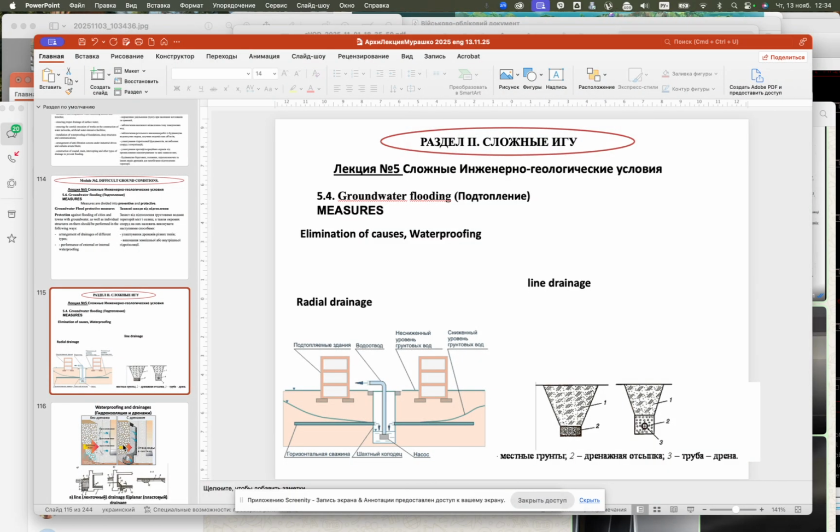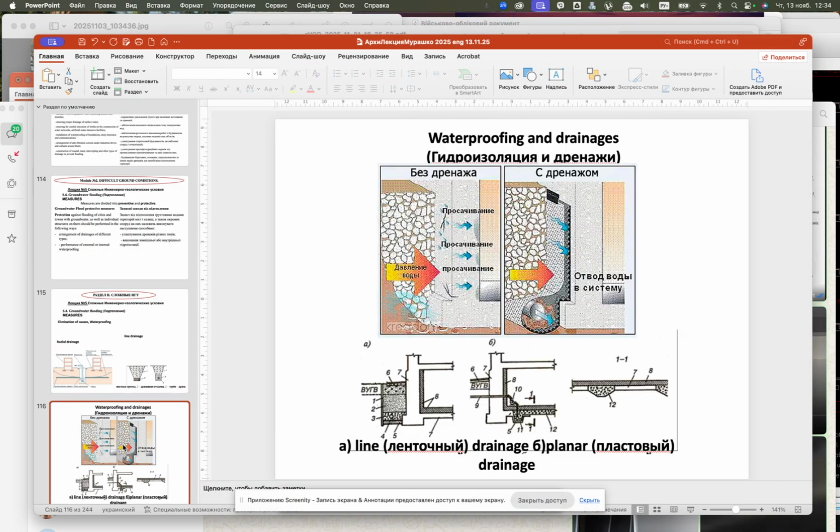So next solution, it's waterproofing drainages, vertical drainages, which also protect our building from collection of the water. For example, if we don't have a drainage, the pressure of water will move through the wall, and you will get the liquid inside of the building.